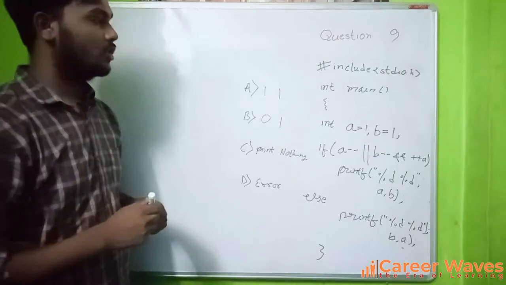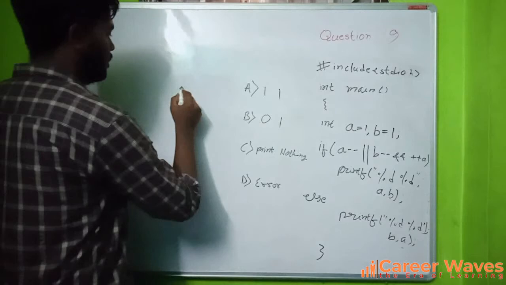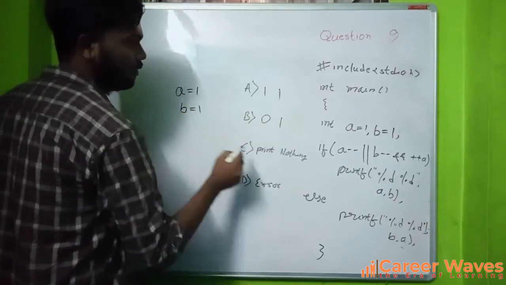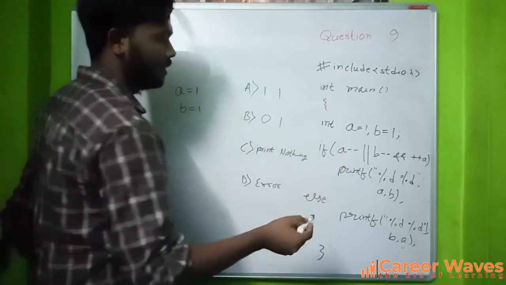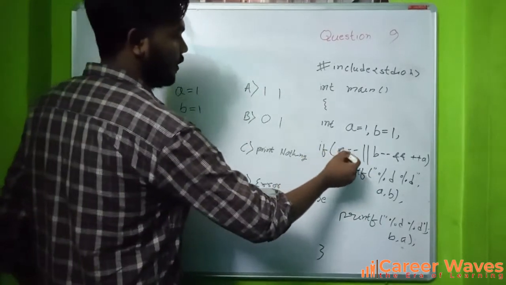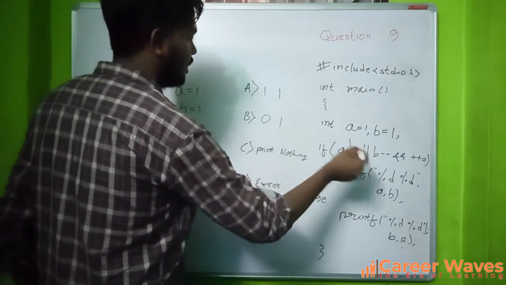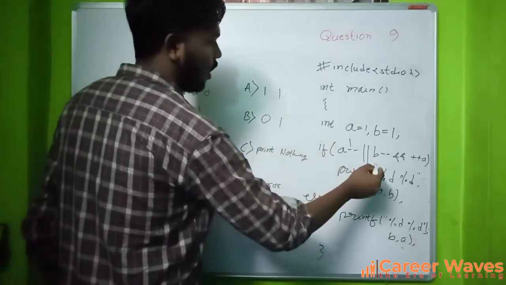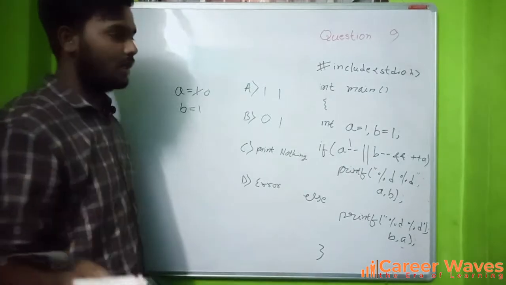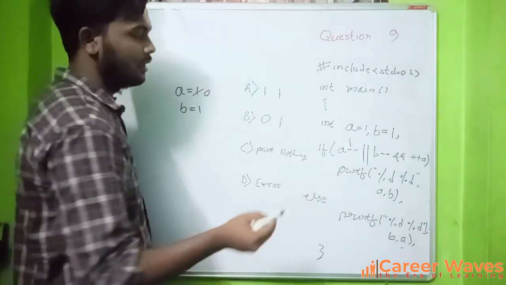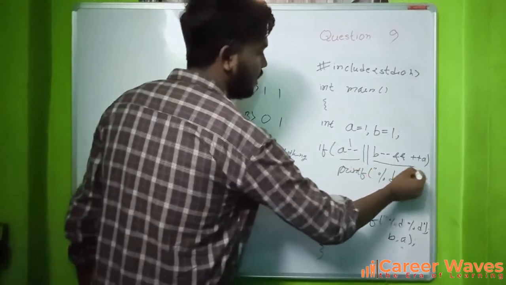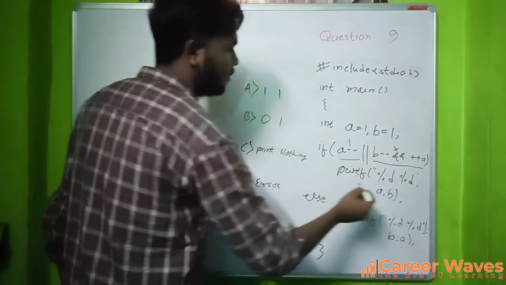Let us see the output for this code. Here a is 1, b is 1, so a minus minus, that is post decrement, so the value of a will remain 1 here, but it will be decremented by 1, so it becomes 0. 1 OR, so we know that OR is a short circuit operation, it will not perform the operation after it, so this will remain unperformed.